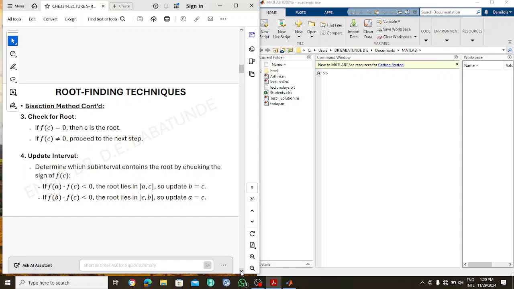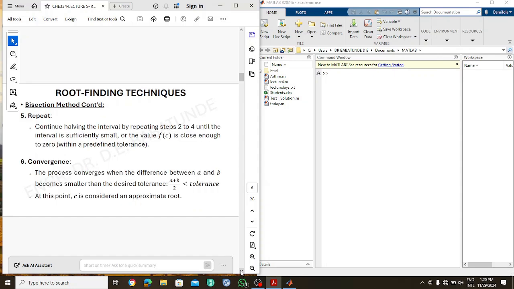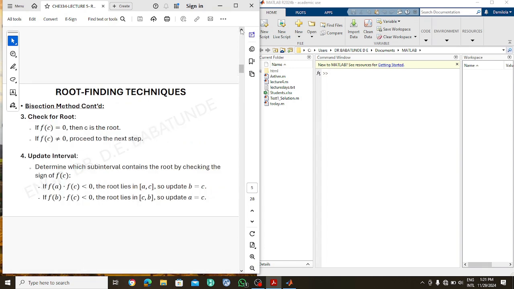So whichever it is, either a to c or b to c, the next step is to find the midpoint of that interval again. When you find the midpoint, you put it inside the function to get the function value at that point.